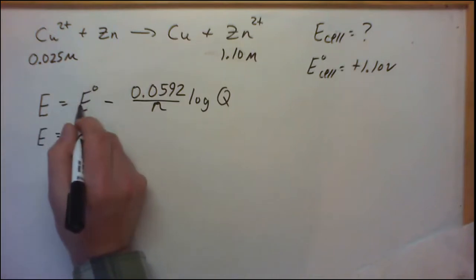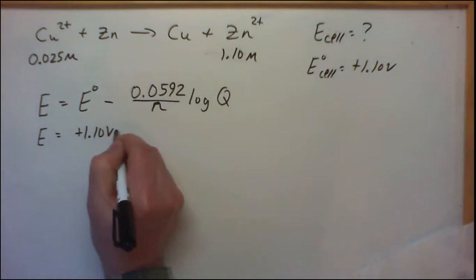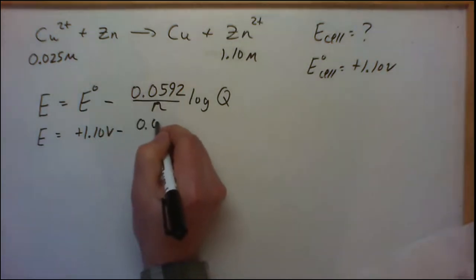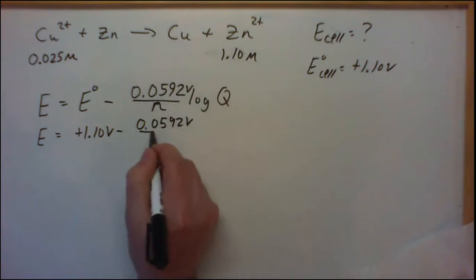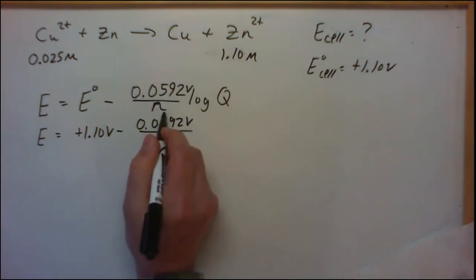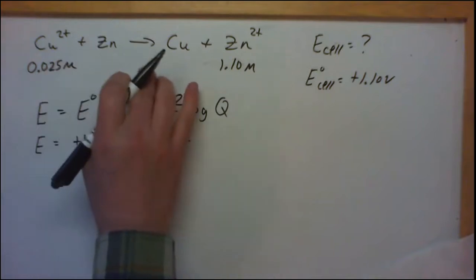We have the standard cell potential, which we already calculated as positive 1.10 volts, minus room temperature, 0.0592 volts, divided by n. n is the number of moles of electrons transferred. As we did before, we can figure that out from the given balanced equation.